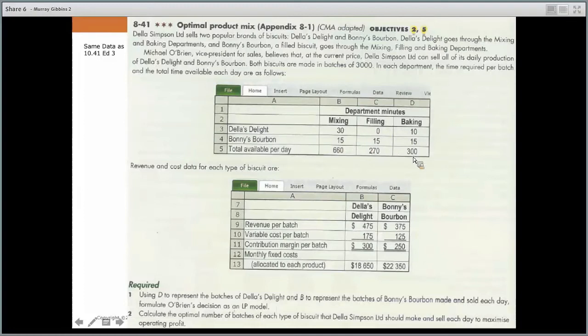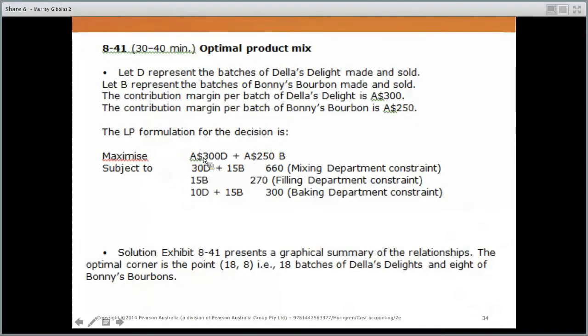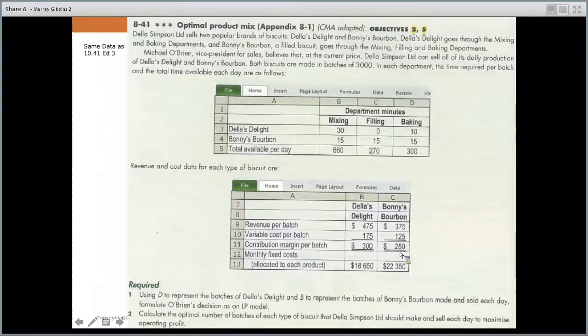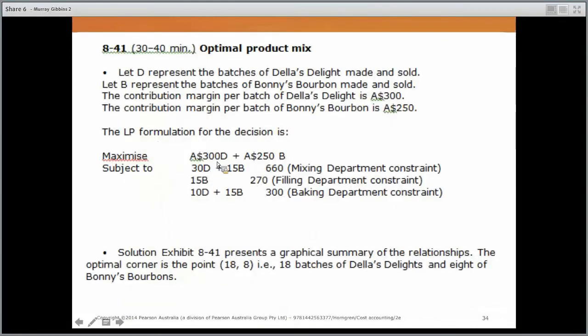And in the baking department, 10 lots of D and 15 lots of B, Bonnie's, has to equal 300. So let's look at the constraints on the next page. The equation we're trying to maximize is the contribution margin, 300 for Della, 250 for Bonnie's Bourbon biscuit.